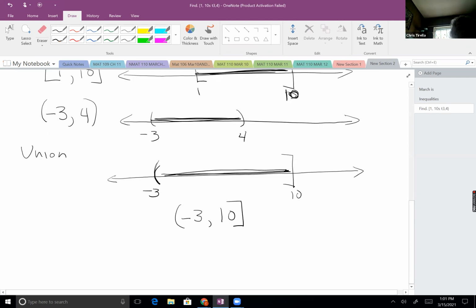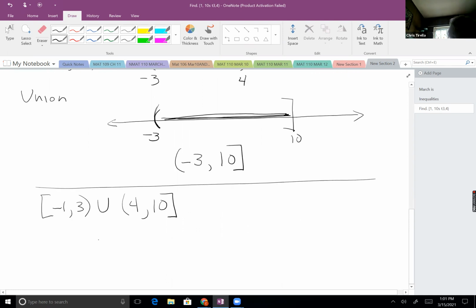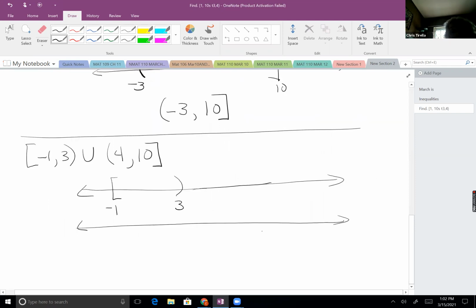Sometimes with unions, if I have, let's say, for example, the interval from -1 to 3, union the interval from 4 to 10, written like that. That first one goes from -1 to 3. That second one goes from 4 to 10.